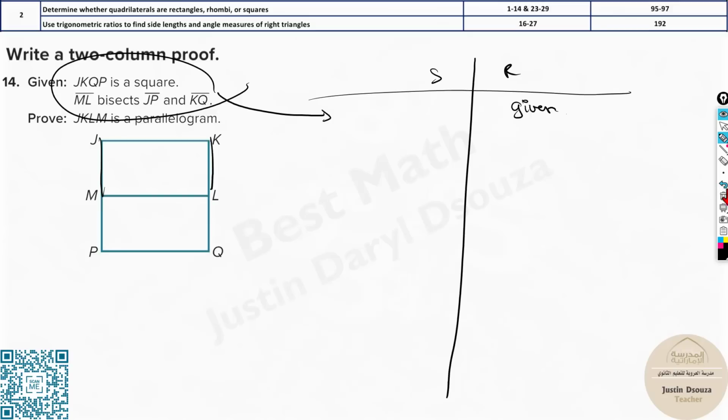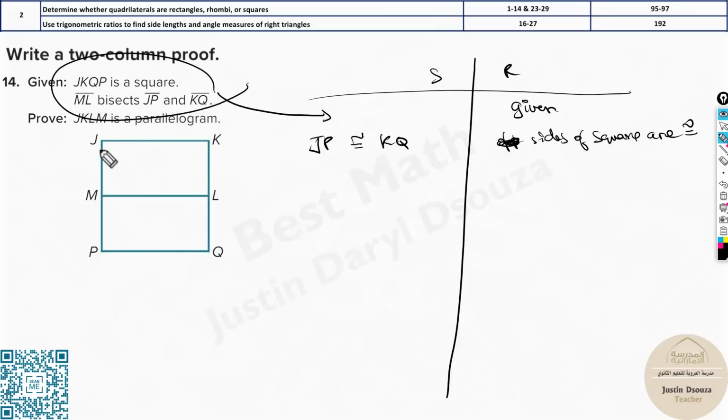Now what we will do over here is, first thing, JP is congruent to KQ. Why? Because sides of a square are congruent. They have told us it's a square, so all sides are congruent. Now what next? I know this is bisecting.